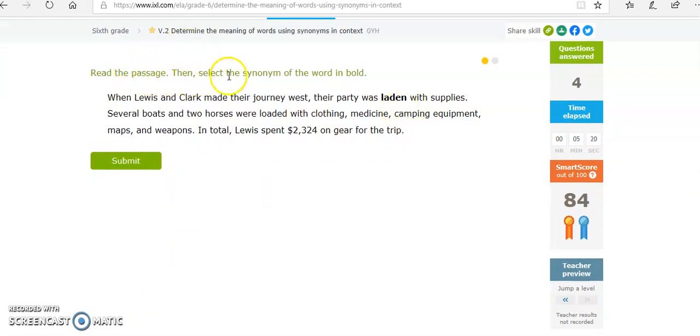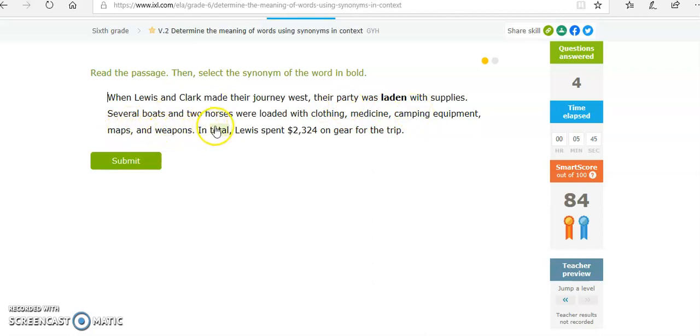Read the passage, select the synonym, the word that means the same as the word in bold, and our word is laden. When Lewis and Clark made their journey west, their party was laden with supplies. Several boats and 2 horses were loaded with clothing, medicine, camping equipment, maps, and weapons.